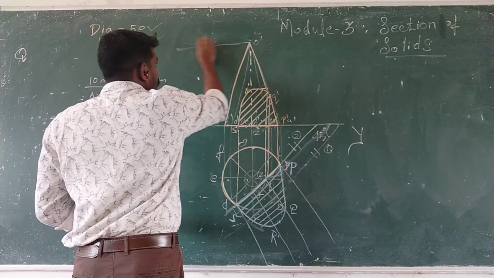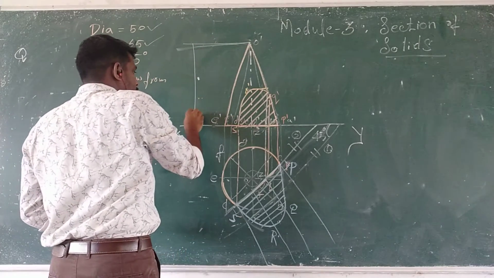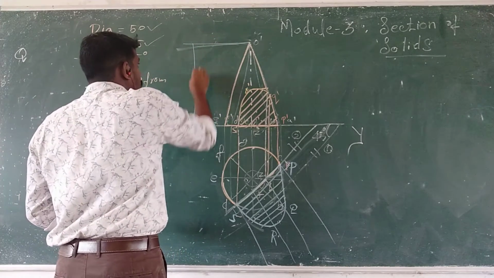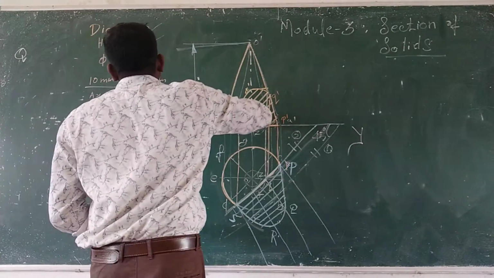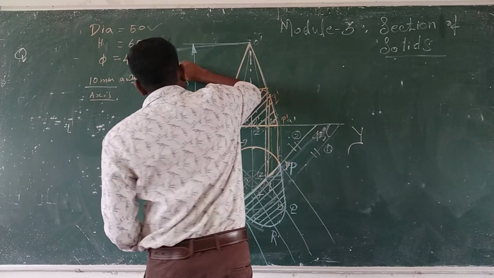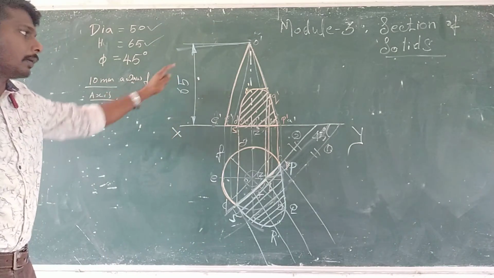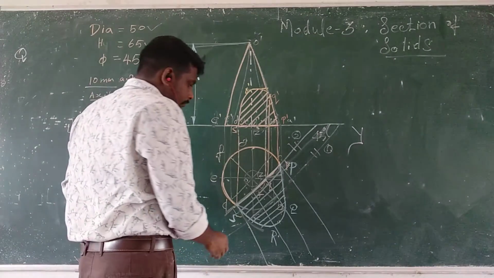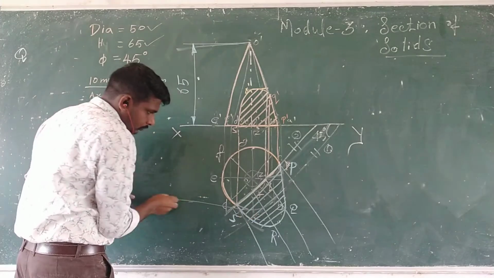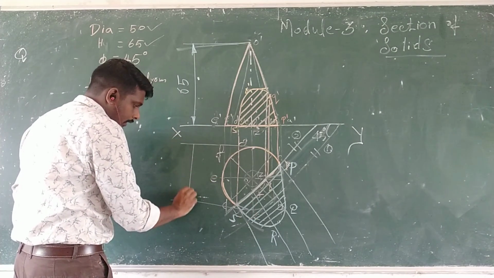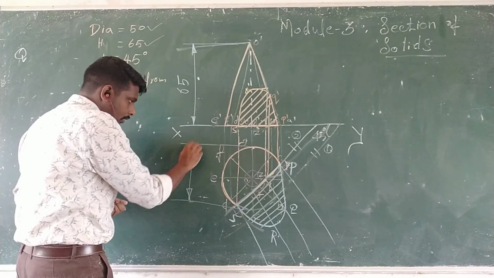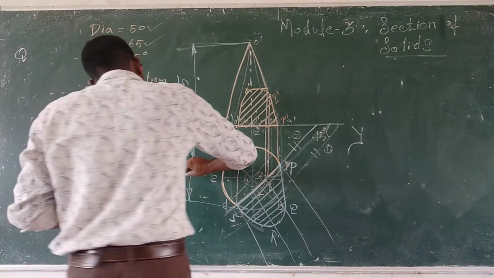The height of the cone is given as, draw the arrowheads, 65 mm. There is no need to write mm in each dimension. And the diameter of the cone is given as 50 mm.